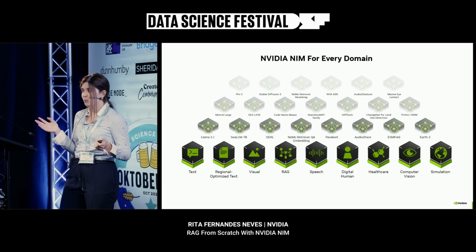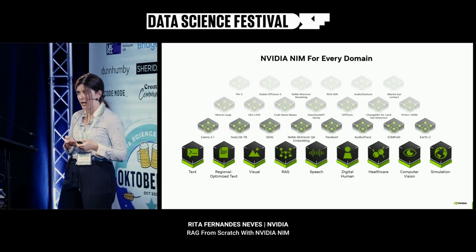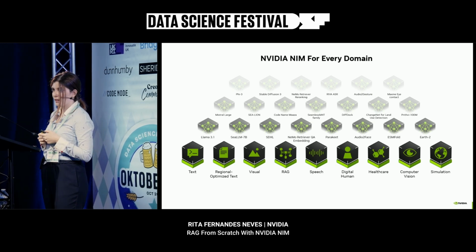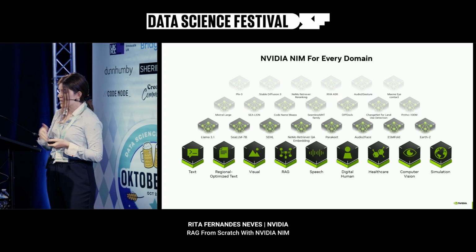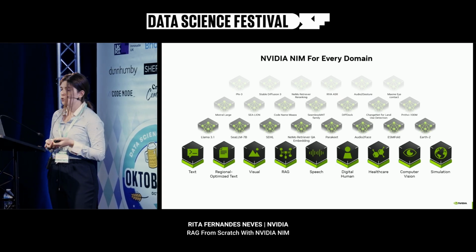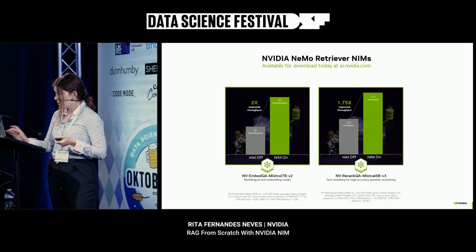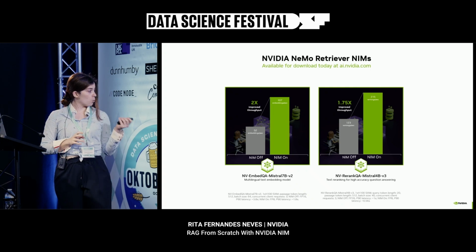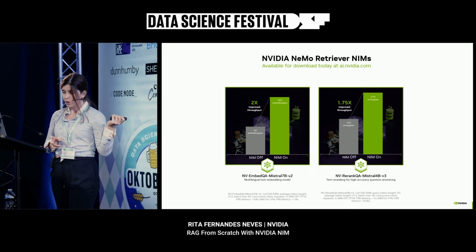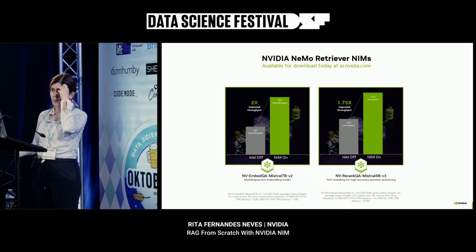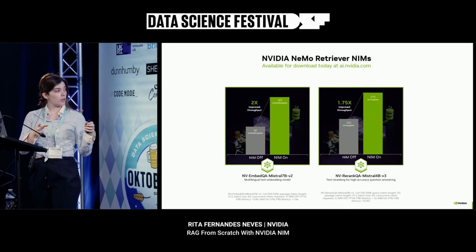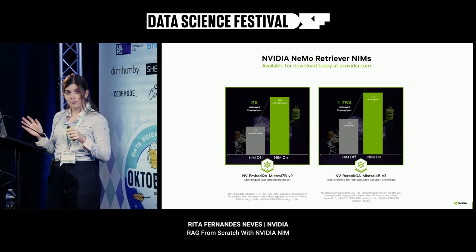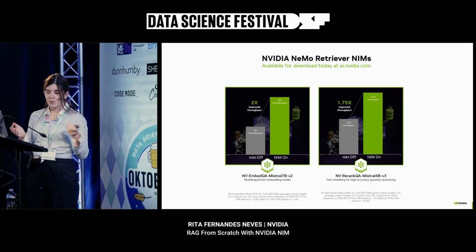We have a very wide range of models that are both open source and proprietary, and they cover the whole range of areas of application that I have here, from text to visual to speech, healthcare, computer vision, etc. And the important things here are the retriever-related models, where we have the embedder model on the left and the reranker model on the right. They're both essentially models based on Mistral that have very good performance with NIMs, of course.